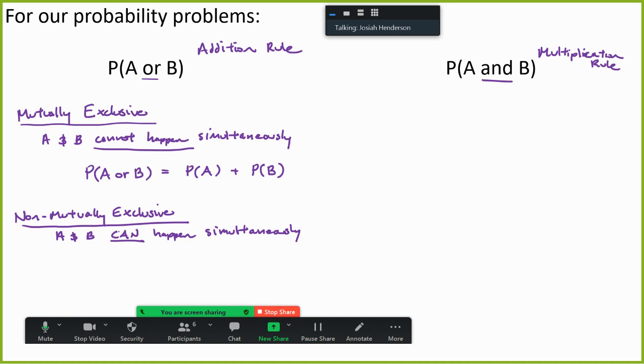And when this is happening, this is like picking a 2 or a red from our deck of cards, right? And there is a card that is the red 2, the 2 of hearts or the 2 of diamonds.